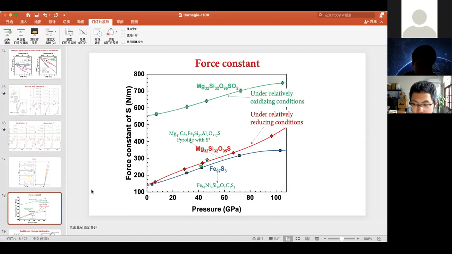I think you also tried different compositions. Okay, like this one. So here's my question. I would like to say that the composition you used, for example, the sulfur concentration might be too high.